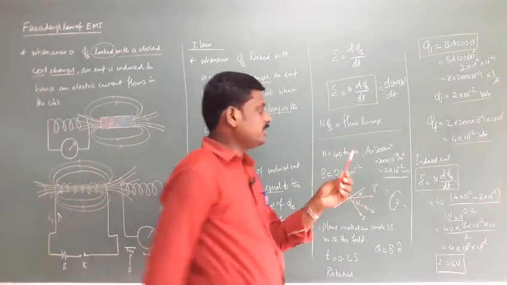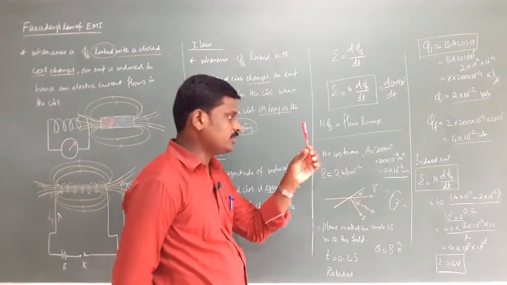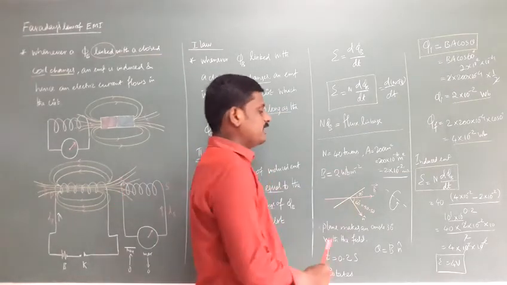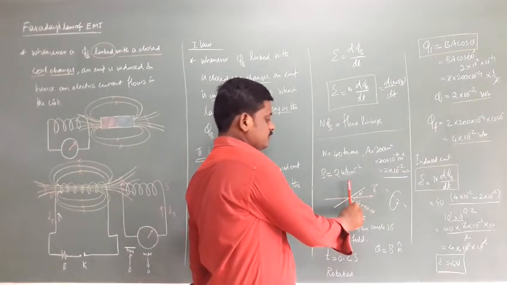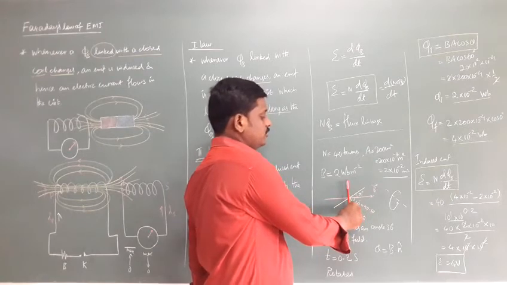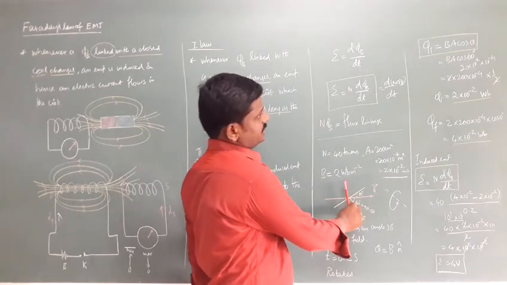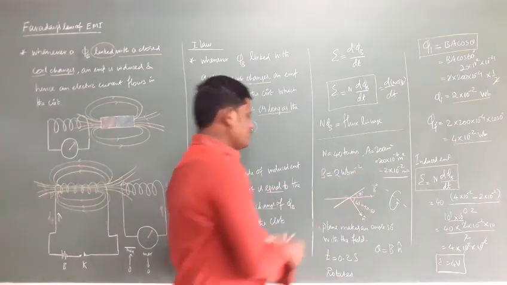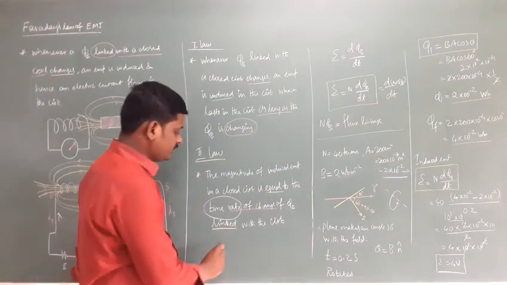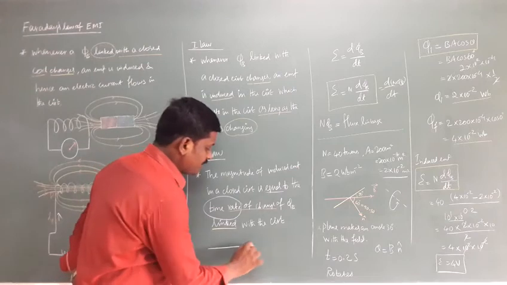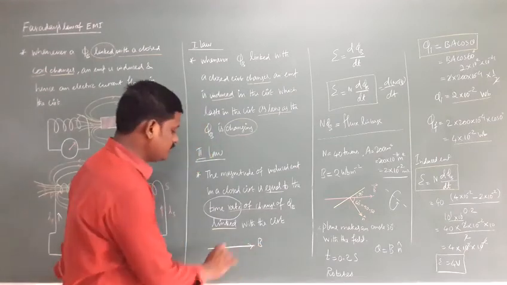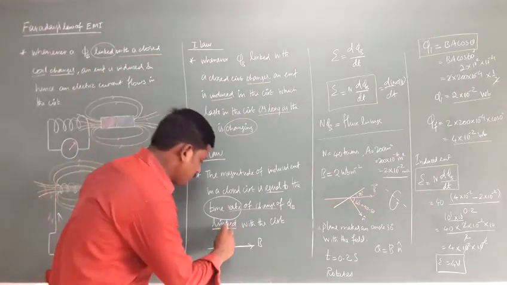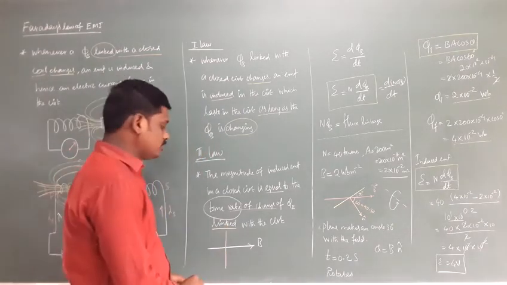Initially, consider a plane of area 200 centimeter square. Initially it is placed in a uniform magnetic field, perpendicular to it. This is the direction of the magnetic field, and this is the direction of the plane.